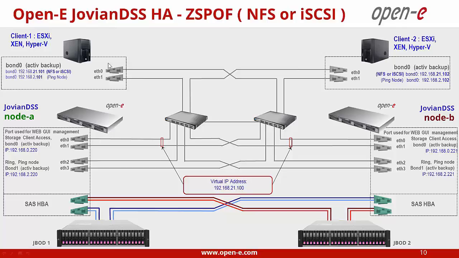Ping nodes are external, so they are in our storage client, right? So here I have 2 storage clients, and of course everyone has at least one ping configured, so we are pinging both, right? So ping and ring heartbeat, that's the cluster monitoring.